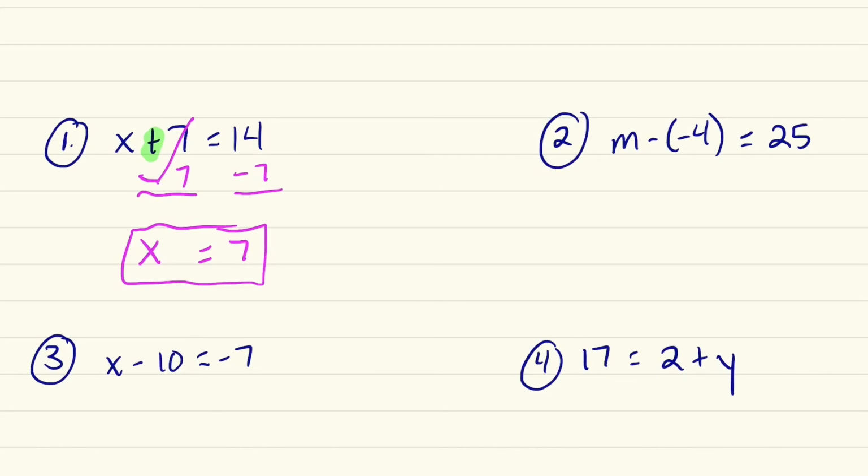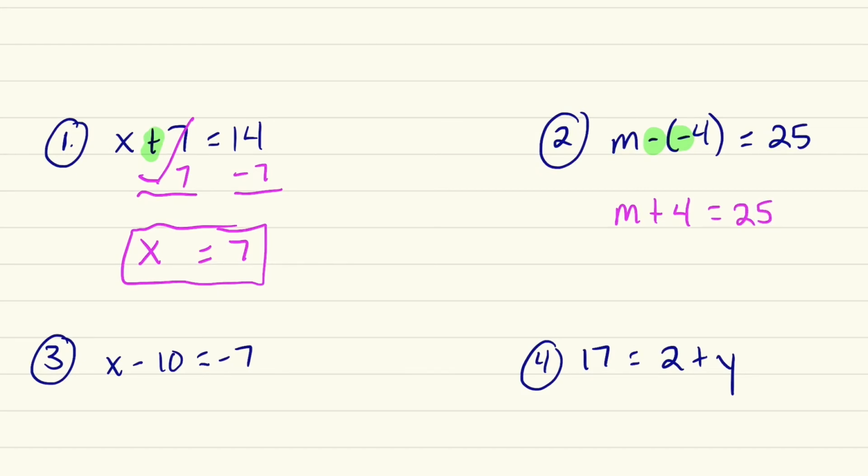This is a perfect example of trying to make a problem look more complicated than what it is. We have m minus negative 4 equals 25. Well, our eyes should first be drawn to the parenthesis and the fact we have 2 negatives. We know that 2 negatives make a positive, so I can rewrite this problem as m plus 4 equals 25.